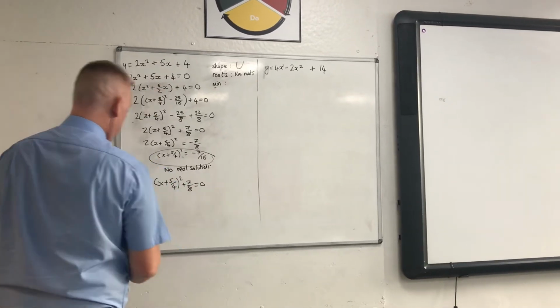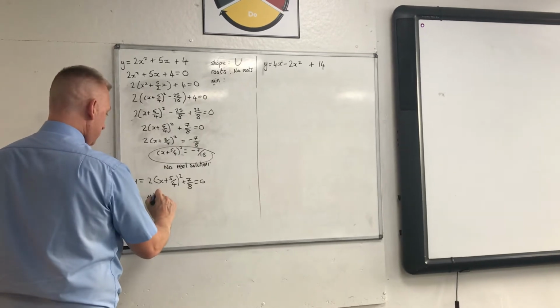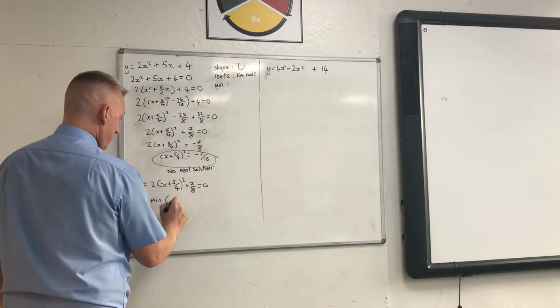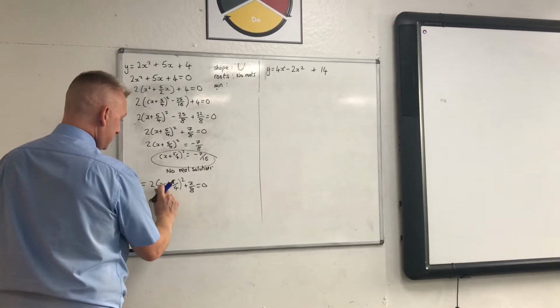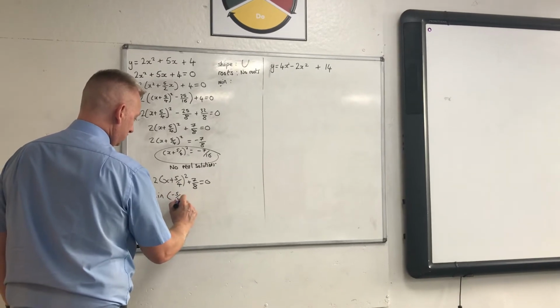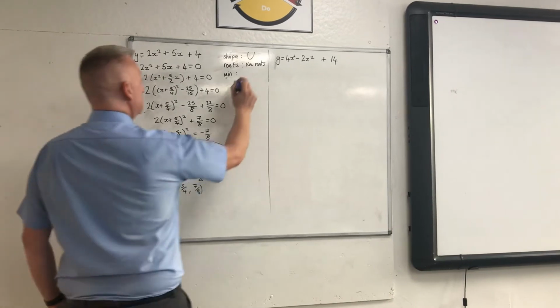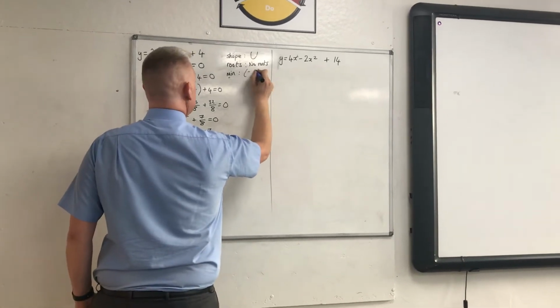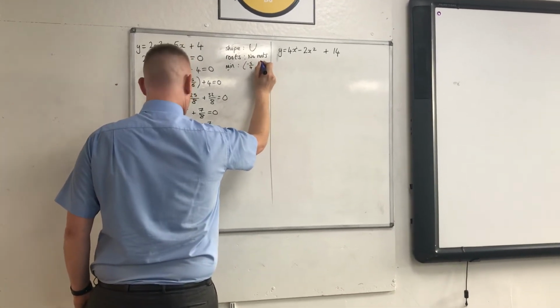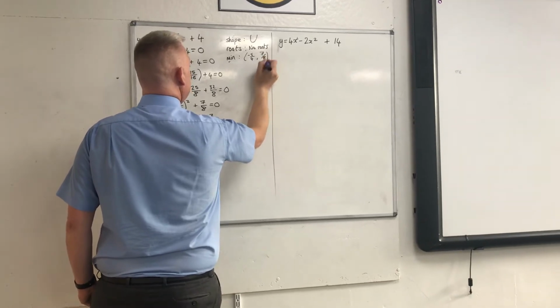So my minimum point is going to be x is negative 5 over 4, y is 7/8.